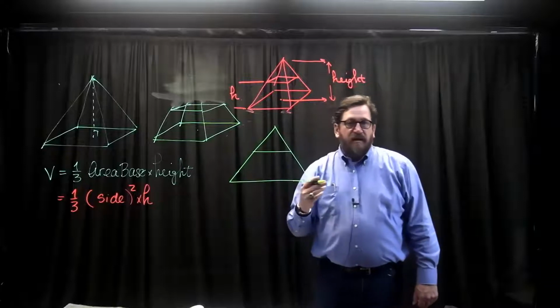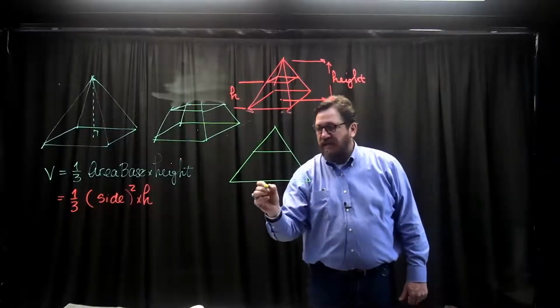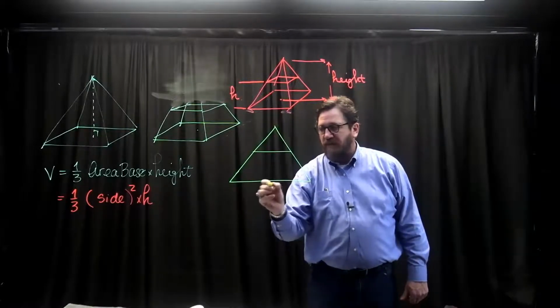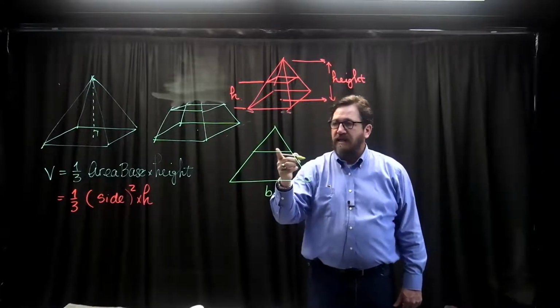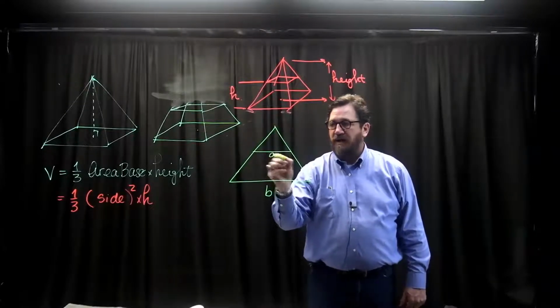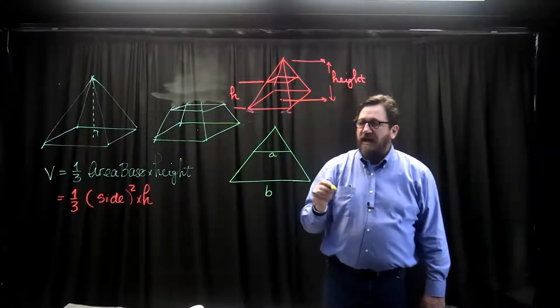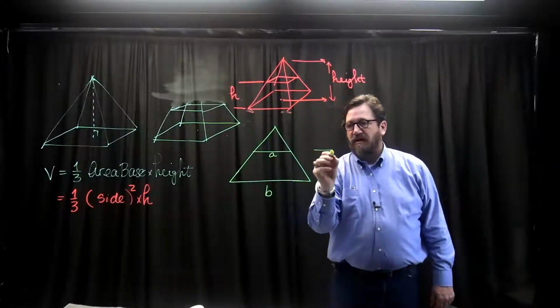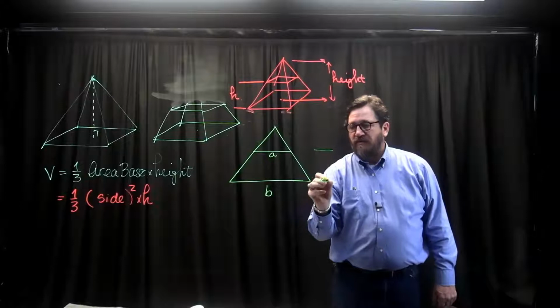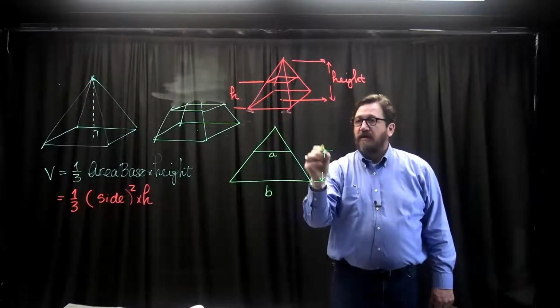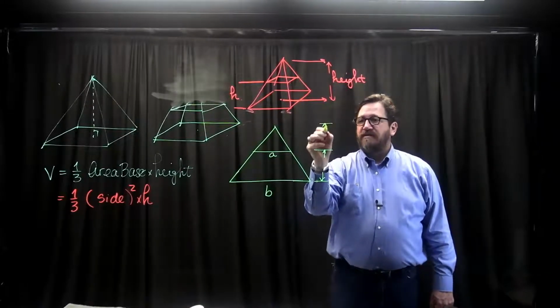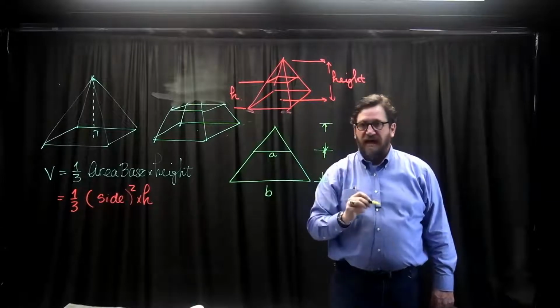Now, to make my calculation somewhat easy, I'm going to let the base of the pyramid be represented by B, the top plateau by A. And we're going to pick a couple of variables to represent various amounts of information I have.